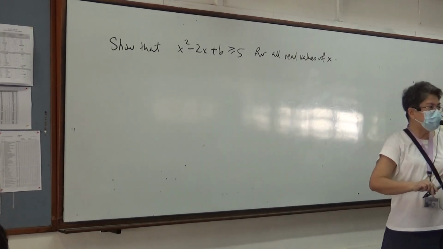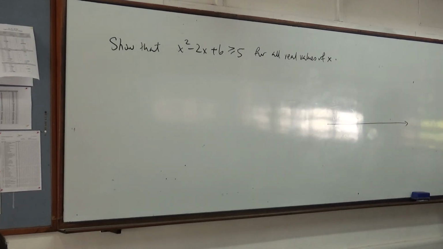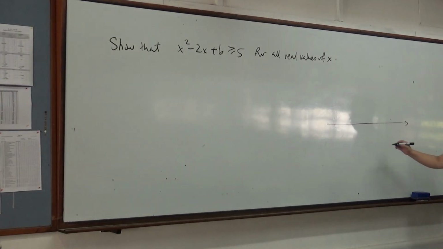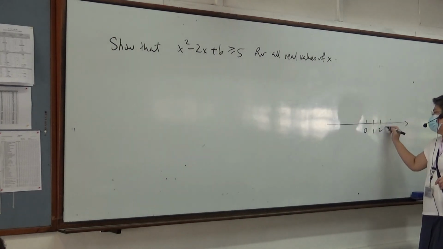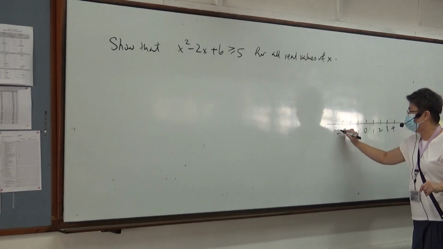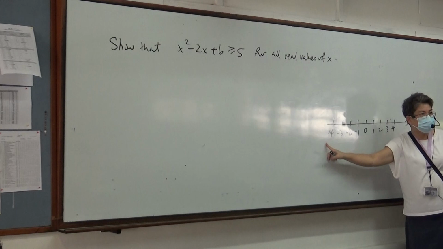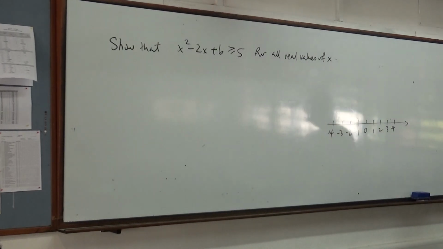Now, in Secondary 1, you learned the number line. I'm talking here. Since you don't know what a real value is, it's very serious. All these are called what? Integers, because they are whole numbers.